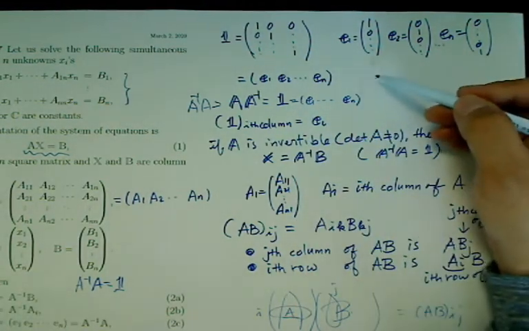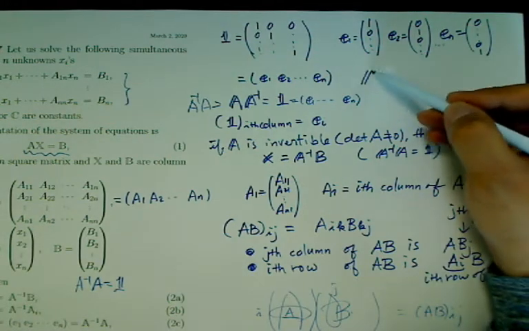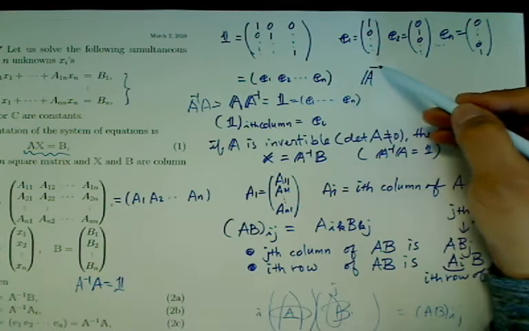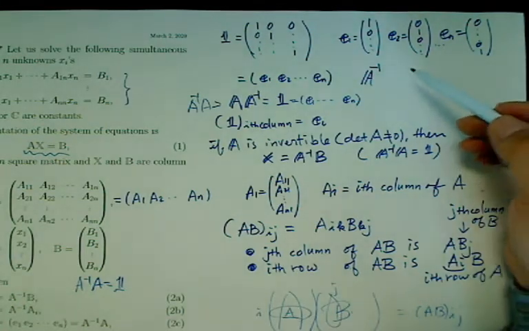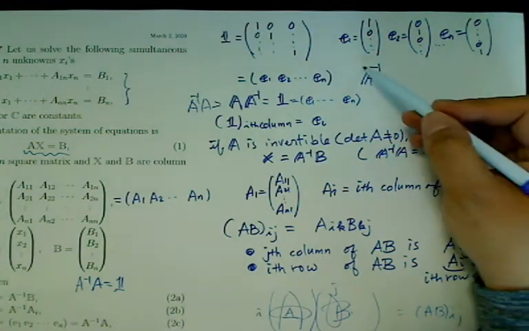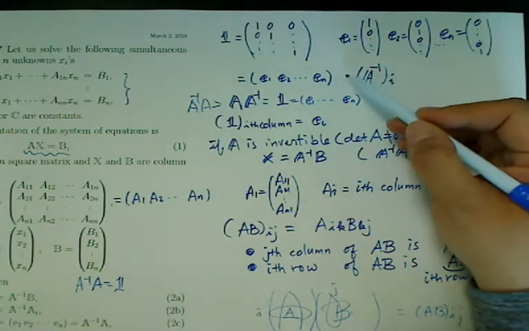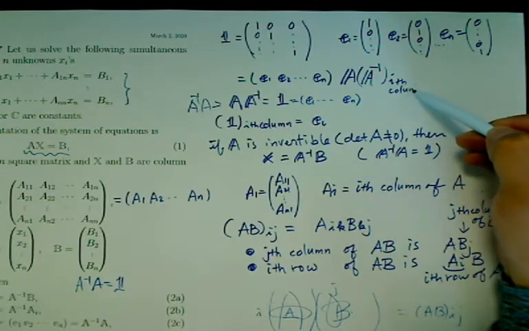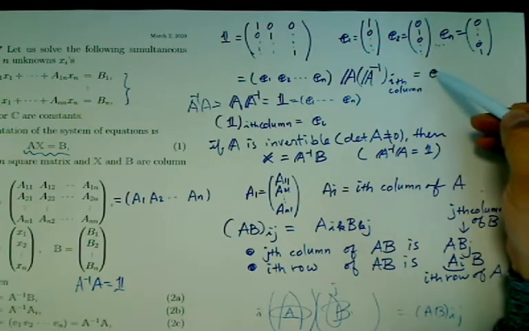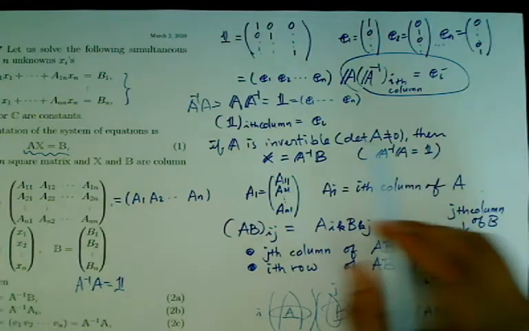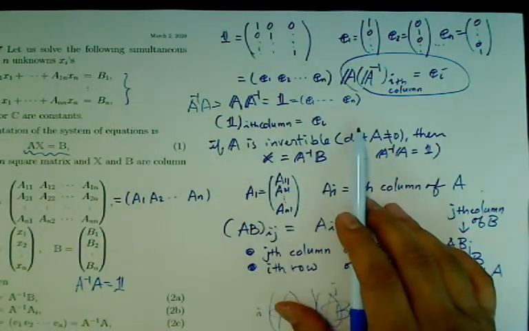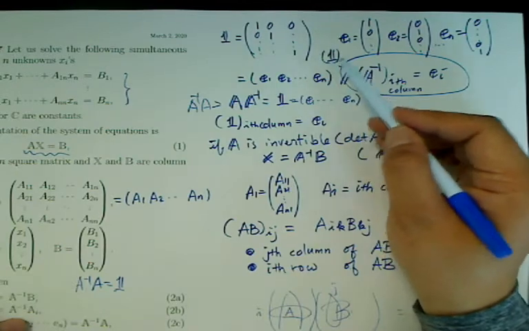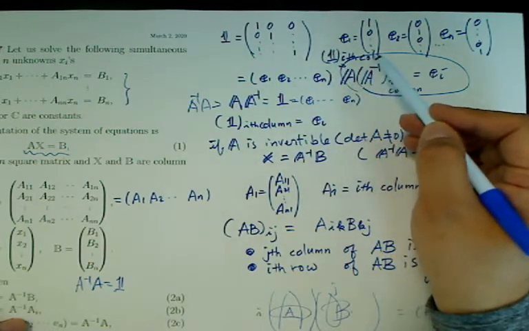Here, the ith column of A inverse is what is multiplied by A, and that is Ei, because this is the identity's ith column.